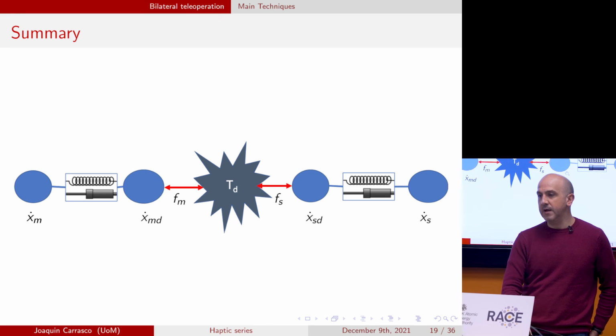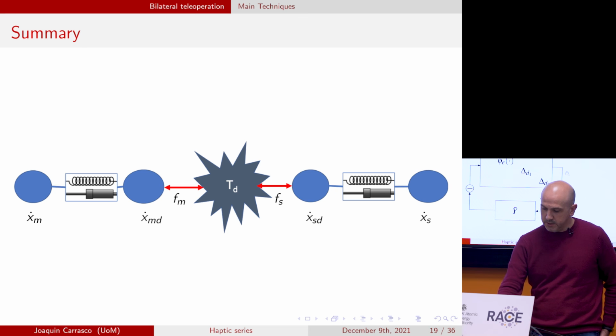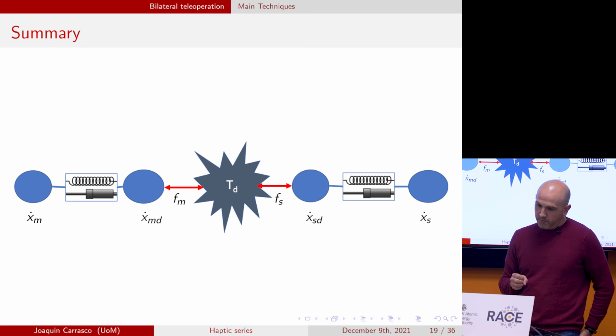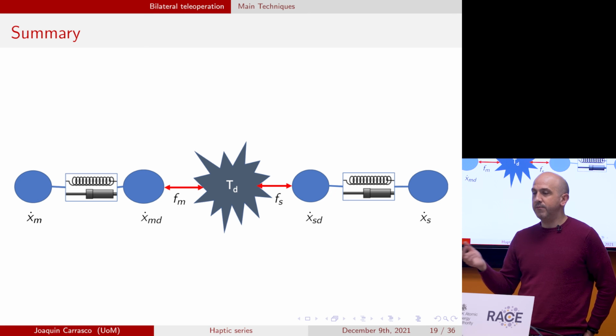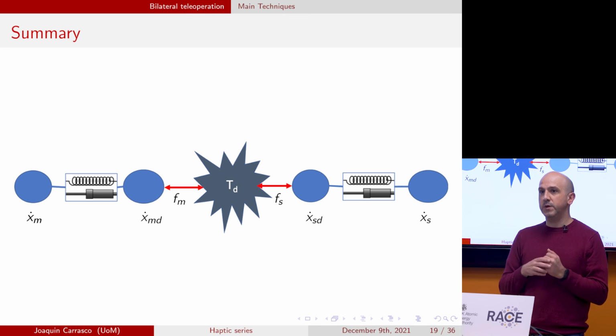where I will have a desired position or a desired velocity of my robot, and then I will have the real robot connected with a simulated spring on the other side.